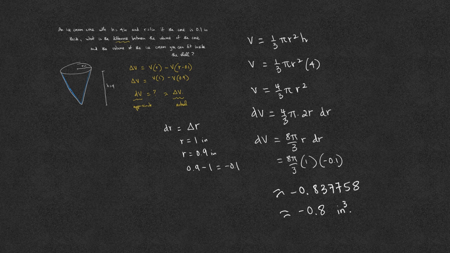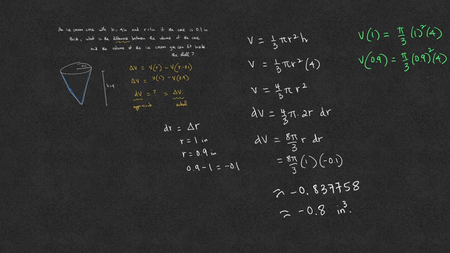If we were to compute the volume when r equals 1, we will get pi over 3 times 1 squared times 4. And if we compute the volume when r is 0.9, we will get pi over 3, 0.9 squared, and the height is still 4.